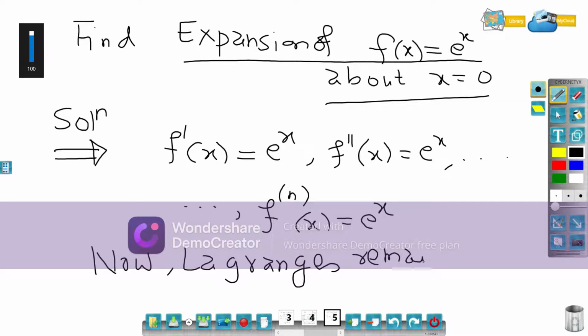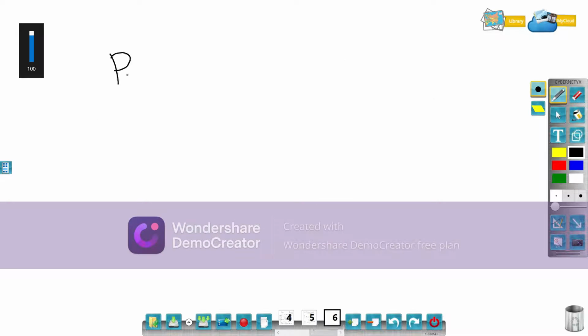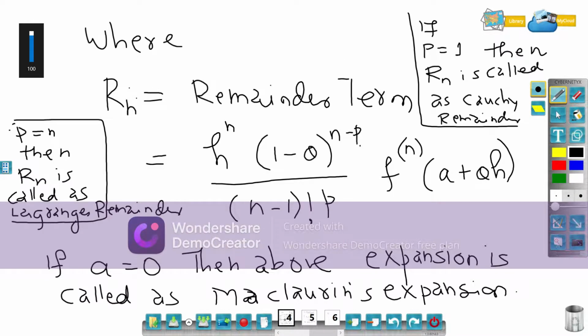So now Lagrange's remainder. What is Rn? h to the power n, 1 minus theta, so n is equal to p, this is 1, n minus 1 into n, so this will be n into n minus 1 factorial, which is basically n factorial. Here a is equal to 0.